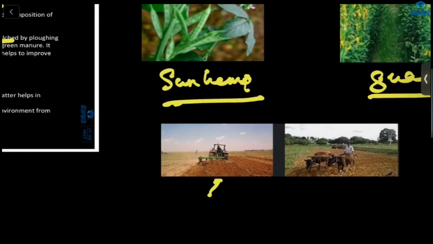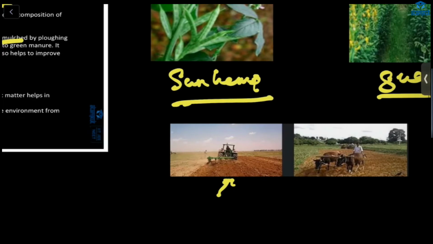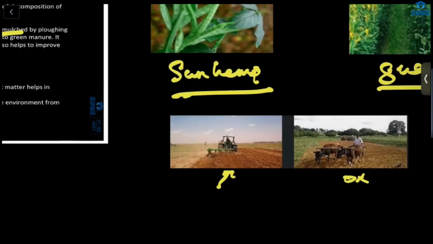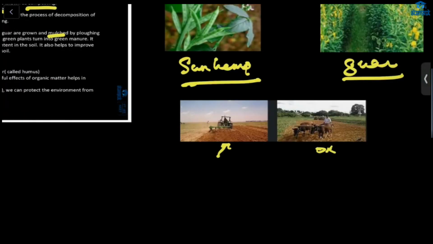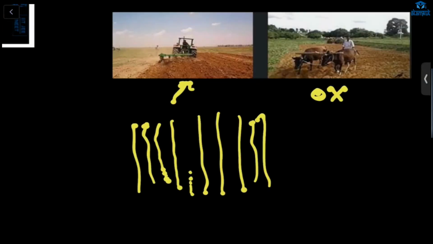The tractors can do plugging, and in the olden times the ox was used for plugging. Plugging means, what is that plugging? Before planting of seeds, the soil is thoroughly mixed and lifted up like this in the rows.